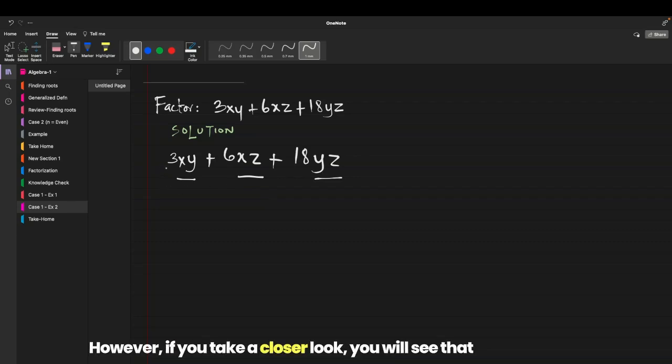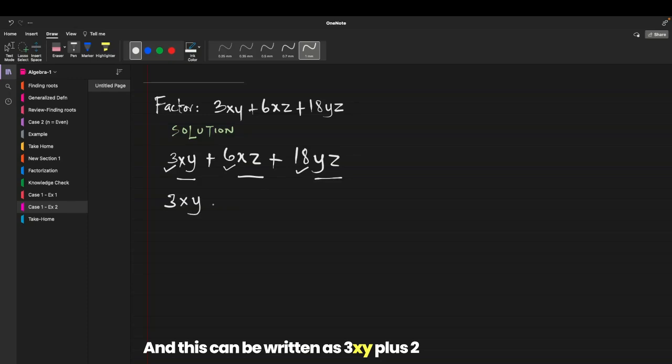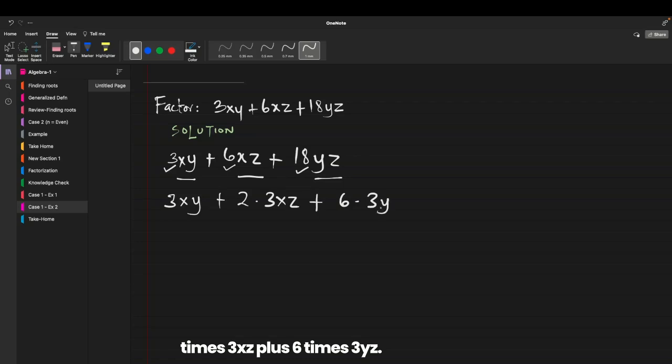However, if you take a closer look, you will see that 3 is here, 3 is also here, and 18 is here. And this can be written as 3xy plus 2 times 3xz plus 6 times 3yz.